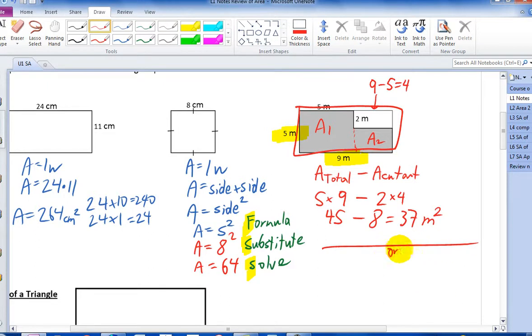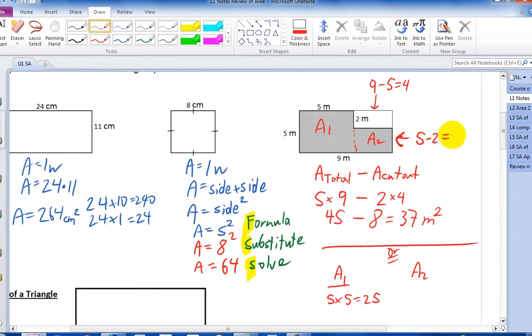Or what you could do is do area 1, which is 5 times 5, which is 25. And then area 2, which is, ooh, what is that one? I guess I need this other number on the side here as well, don't I? This here would be, what?